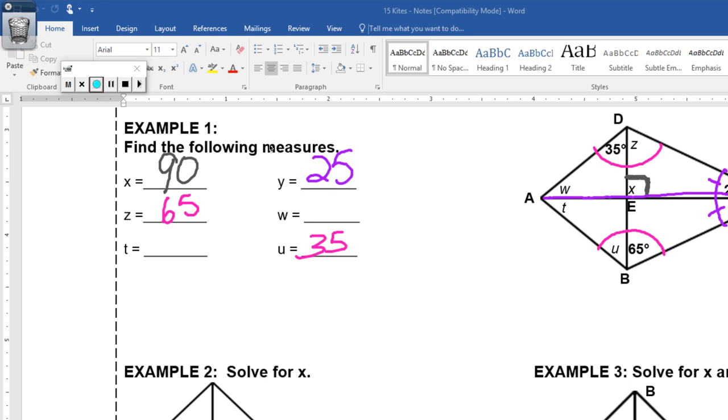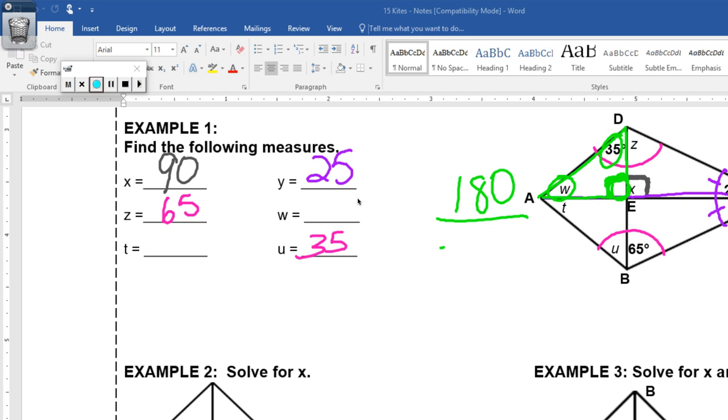The last thing that we need to find is w. For this one, we're going to have to go back to our triangles, and remember that every time that we have a triangle, all three angles inside a triangle have to add up to 180 degrees every single time. So what I can do is, I already know that x is 90, so that makes this angle right here 90 as well.